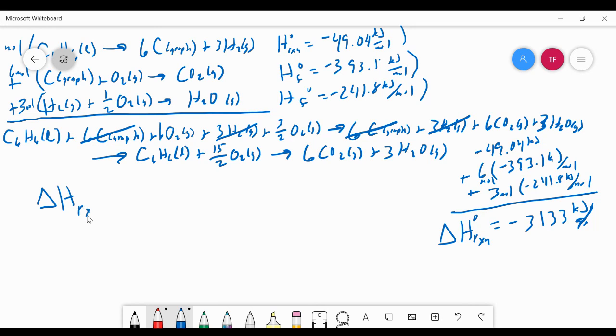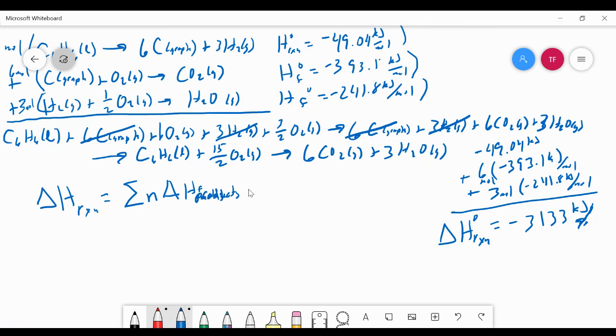So to find the enthalpy of a reaction, we can sum up the moles of the products times their enthalpies of formations.